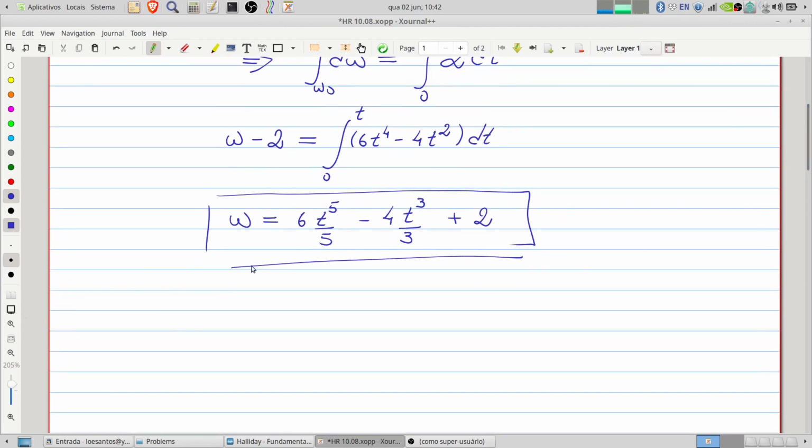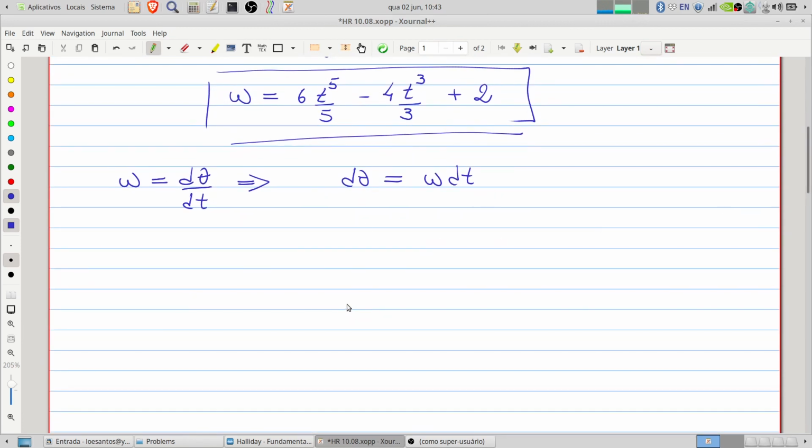In the same way, we can write that the angular velocity equals a variation of the angular position with time. Therefore, a small variation in the position equals the angular velocity times a small variation of time. We will integrate this equation, and we will have the integral of the angular position equals the integral of the velocity with time, and time will vary from 0 to t.